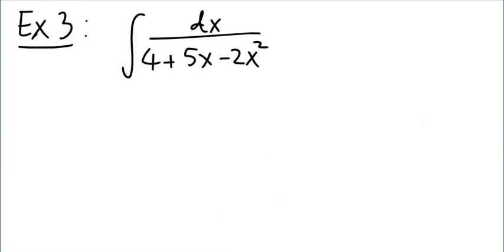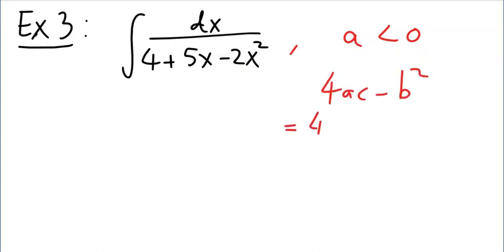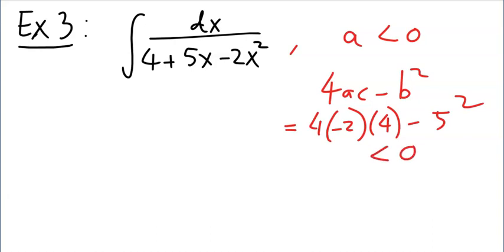Now, integral 3. You can see that a is negative, namely minus 2, and 4ac minus b squared is 4 times minus 2, c is 4, minus b squared, minus 5 squared, and this is obviously negative, so that means we are dealing with case 3.